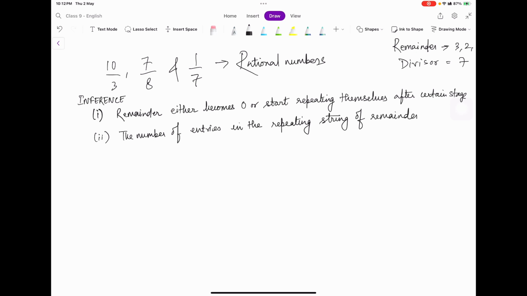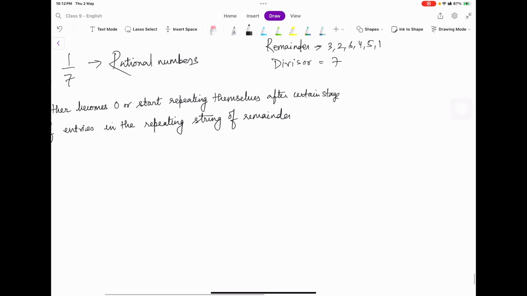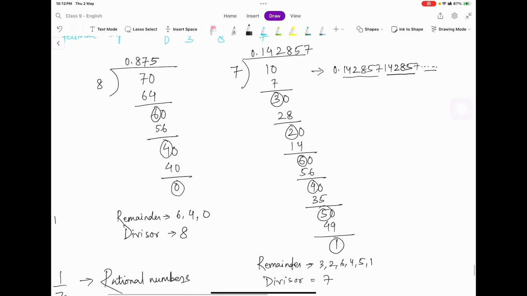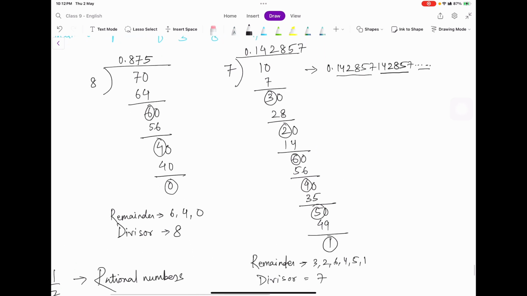See, this is a question in the exercise also, that is why this point is very important. If it is a rational number, the maximum number of remainders that can happen is 1 less than the divisor.